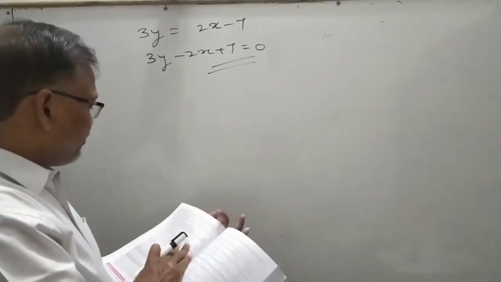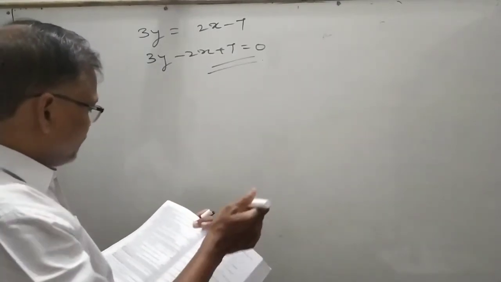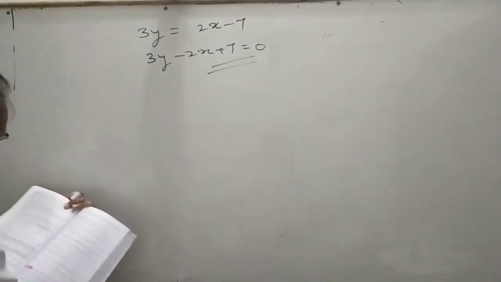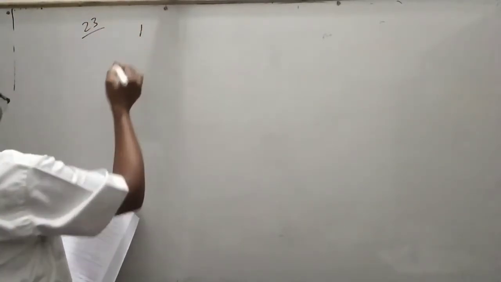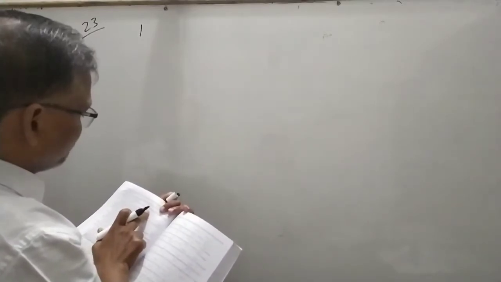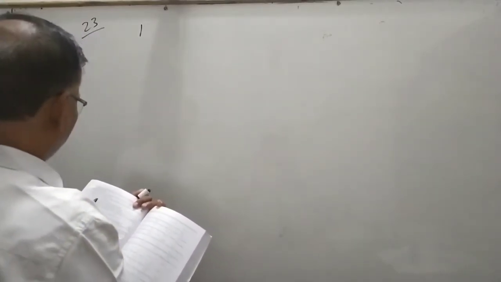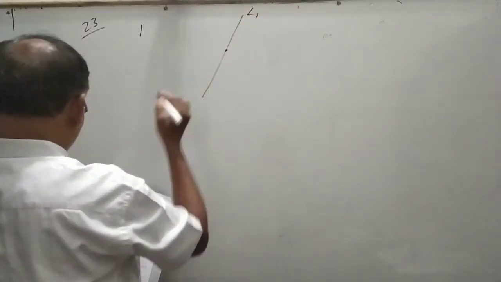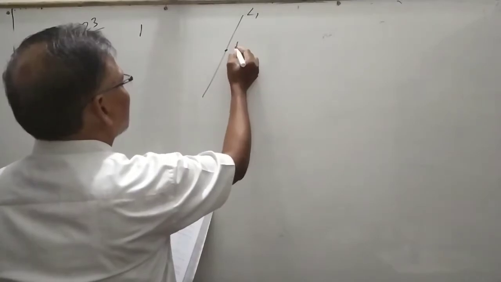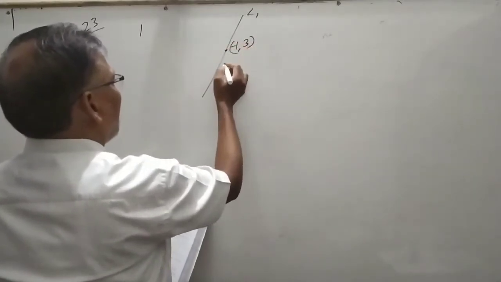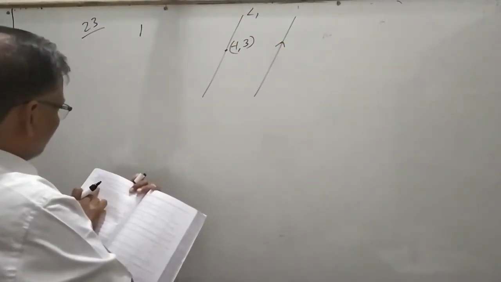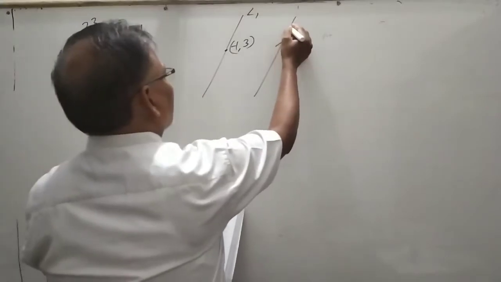The same type of questions are there. Find the equation of the line, question 23. Find the equation of the line through the point minus 1 comma 3 and parallel to the line joining the points 0 comma minus 2 and 4 comma 5.